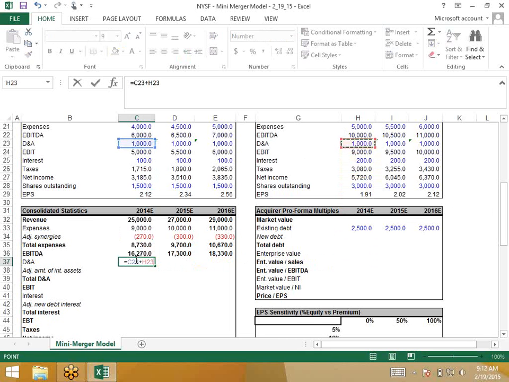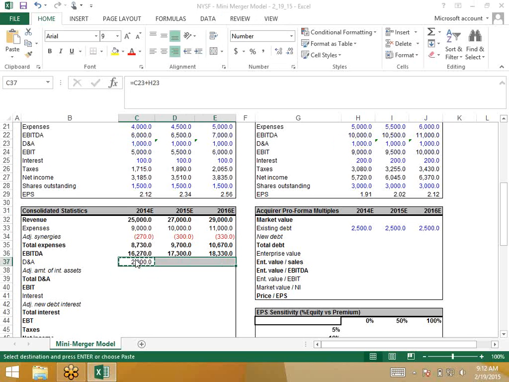What if the target company's PP&E will be written up or written down, or if there's some adjustments to that PP&E? That might impact your depreciation. We're going to build a fresh depreciation schedule in the full scale model. Here, just real simple. Acquire plus target. All right, acquire plus target D&A.